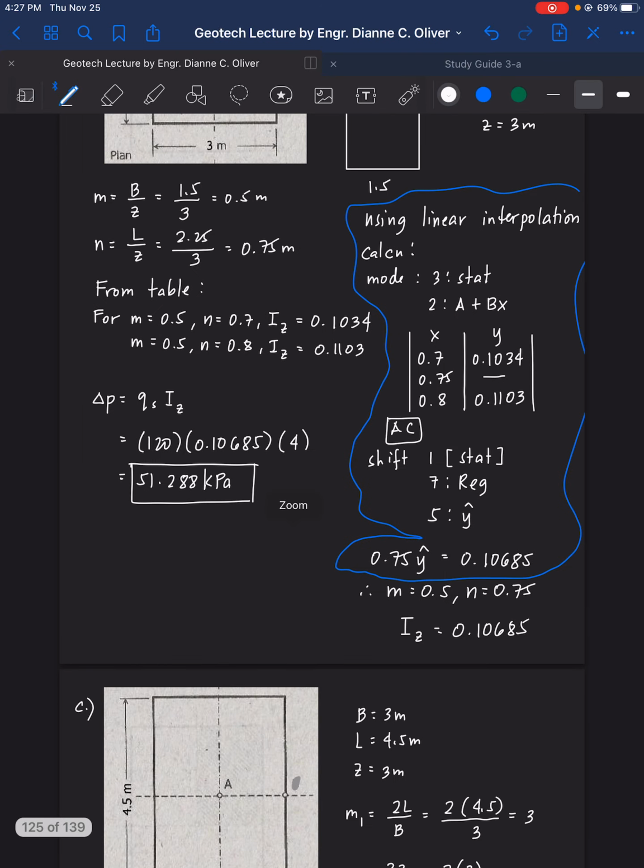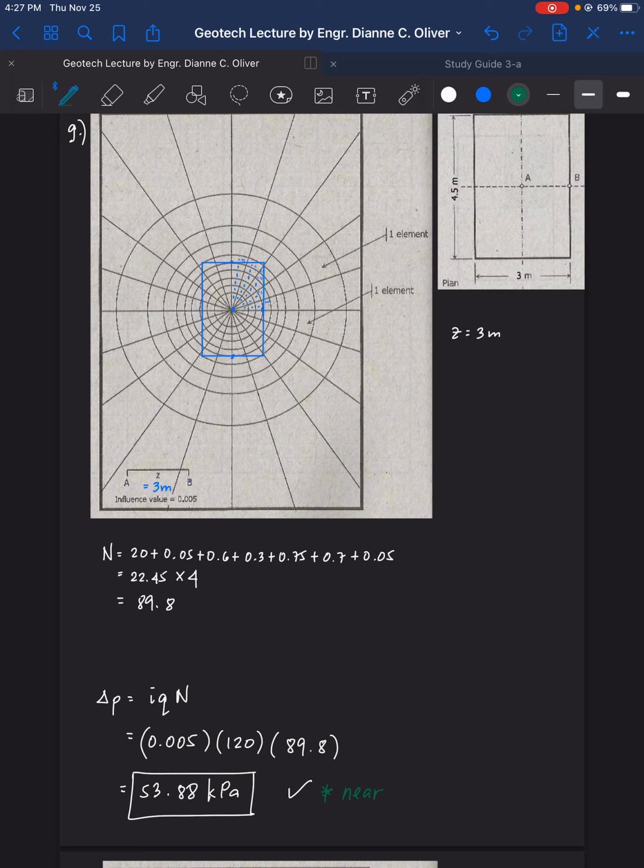So it says there, it should be near or close to the answer using formula 3-A. Okay. So that's the last for letter G.